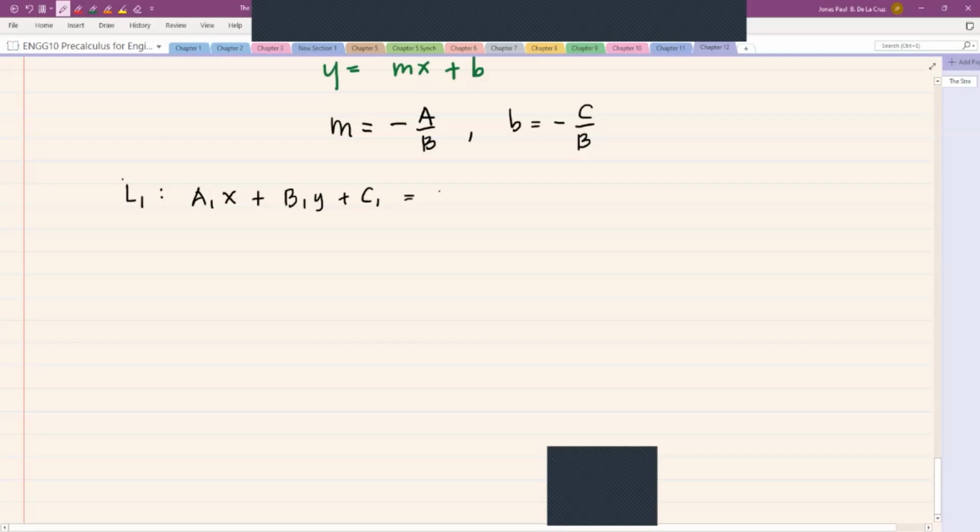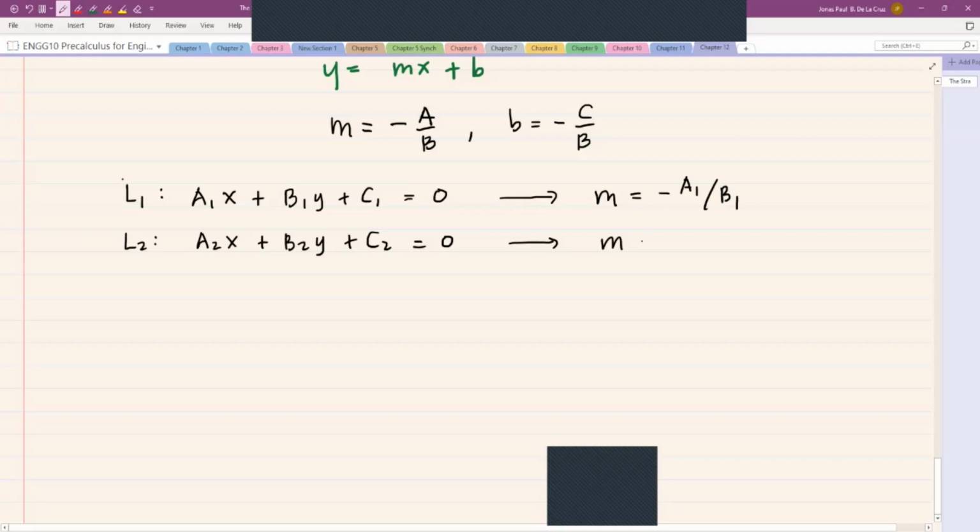And we have line 2, A2x plus B2y plus C2 is equal to 0. Siyempre, dito sa line 1, ano yung kanyang slope? Using ito, m is negative a over b. So this one, the slope of the line is negative A1 over B1. Dito, the slope of the line is equal to, lagyan natin ng subscript, negative A2 over B2.